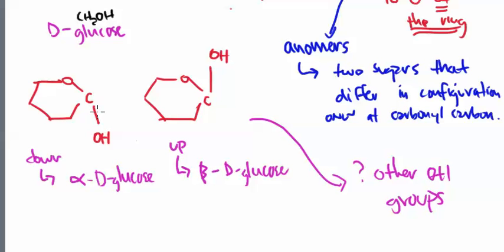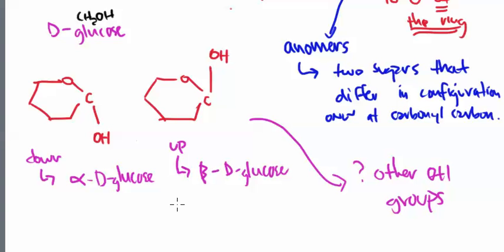That carbon can choose to point its OH group down, or it can choose to point its OH group up. And depending on that direction, that's where we get these terms of alpha sugars and beta sugars. So alpha glucose, beta glucose. We sandwiched the D in there just because we knew a little bit more information about it. We knew that this was the D version of the glucose itself.